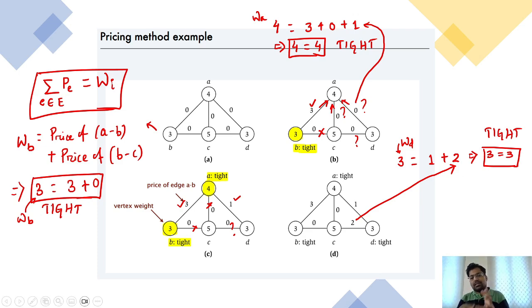Clear? So in this way we found the vertex cover, the minimum weighted vertex cover, which as per the value is 3, then it is 4, which is tight A. Then this is also a tight D, which represents our approximation approach; basically we have used the pricing method to find the minimum weighted vertex cover.